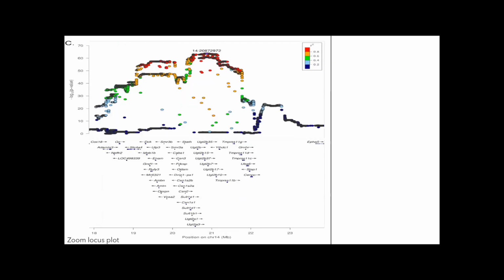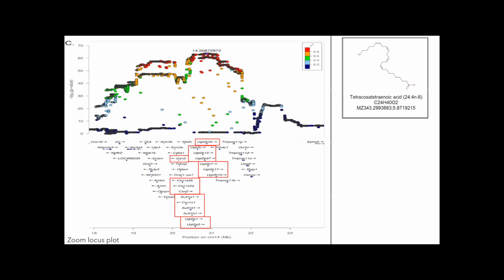This zoom plot shows the most significantly associated trait for this specific locus, and this is the specific phenotype, total abundance of tetracosatetraenoic acid. Inside this locus, we identified a cluster harboring multiple enzymes previously described as involved in metabolite composition, metabolite transformations.